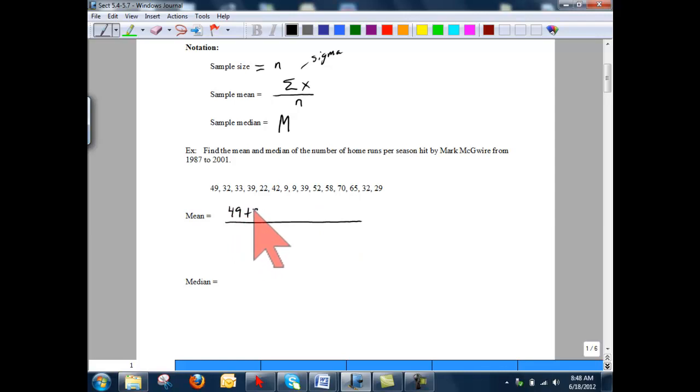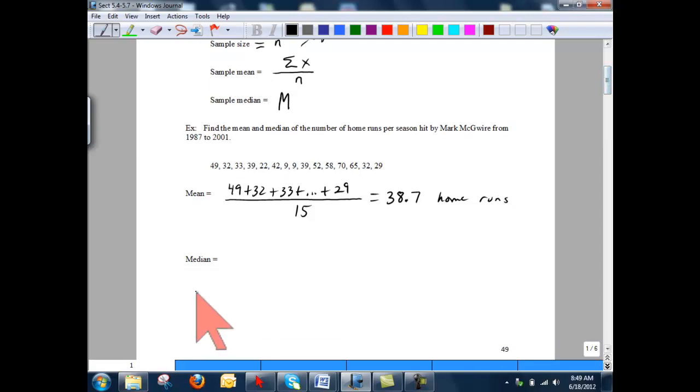So 49 plus 32 plus 33 plus ... I won't write them all, plus the last one, 29, divided by the 15 items that there are, is 38.7 home runs. For the median, I look for the middle number, but notice that the list is not yet sorted, and so the first thing I should do is just that.